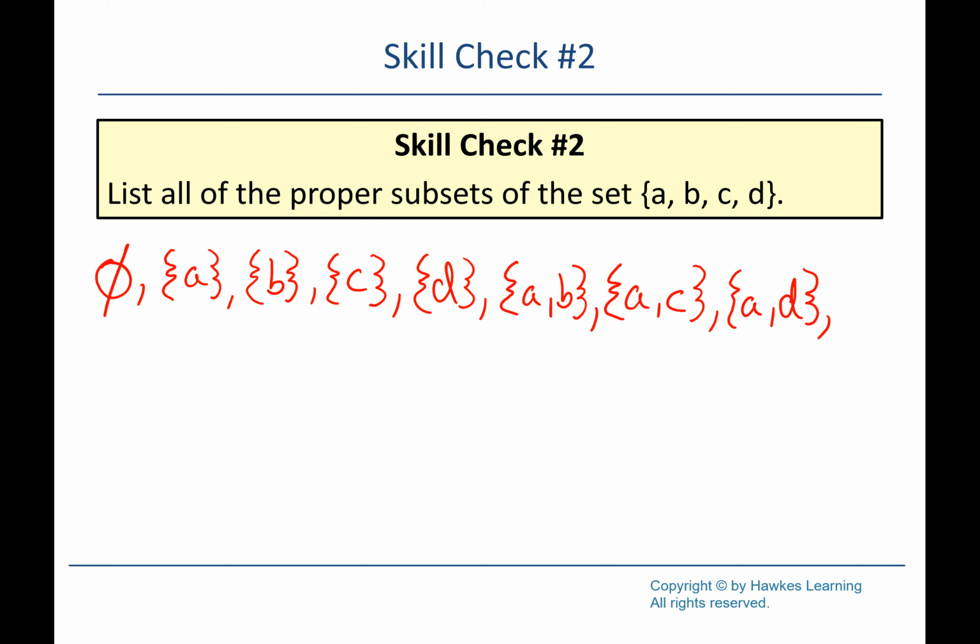And BC, because we've already got A and B in there, so go to BC and then BD. And CD. Remember, order doesn't matter, so it's the same thing when you switch the order. You don't have to write it again.